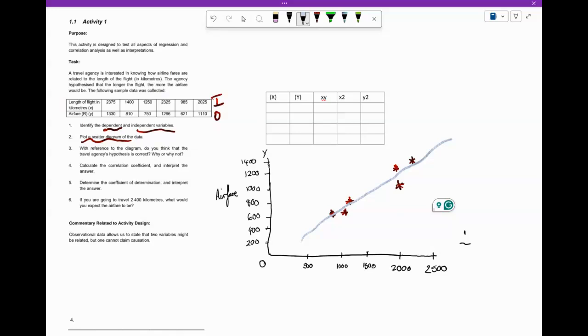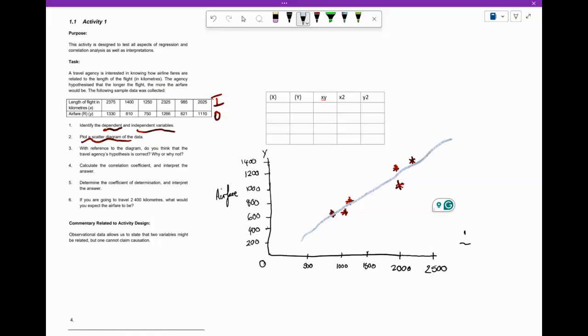Does that make sense? Are we together? That wasn't relevant for your question, I just wanted to bring it home. So that's our scatter diagram. Is your diagram looking something like that? They could very well ask you to draw this.